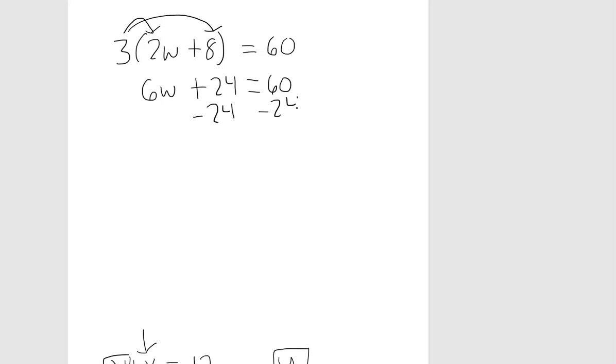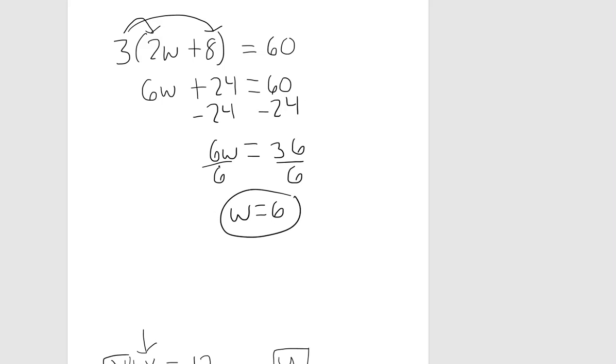And then we would subtract 24 from both sides. So 6 times w equals 60 minus 24, which is a positive 36. And then to get rid of the multiplication of 6, we would divide by 6 on both sides. So w equals 6. That is your solution.